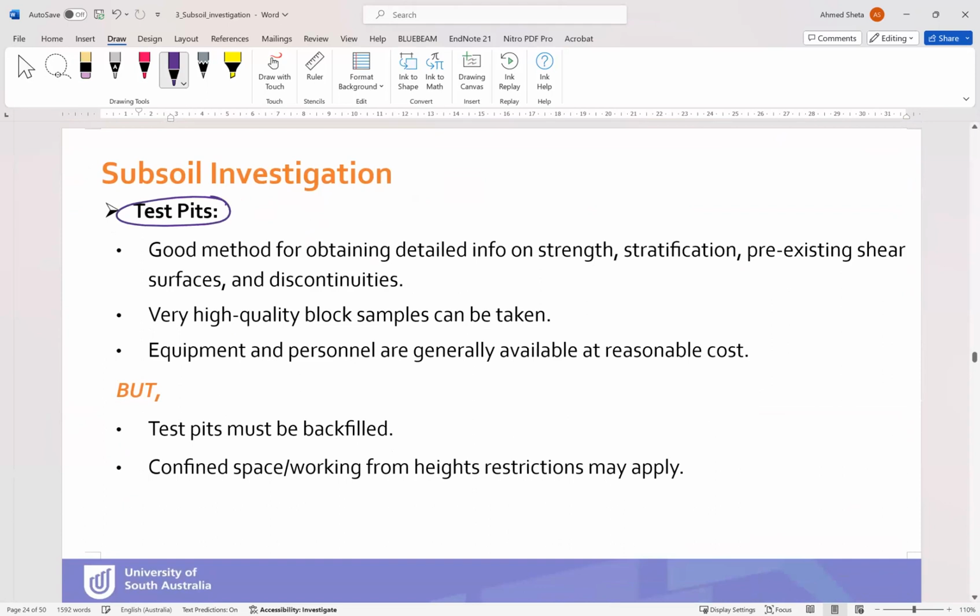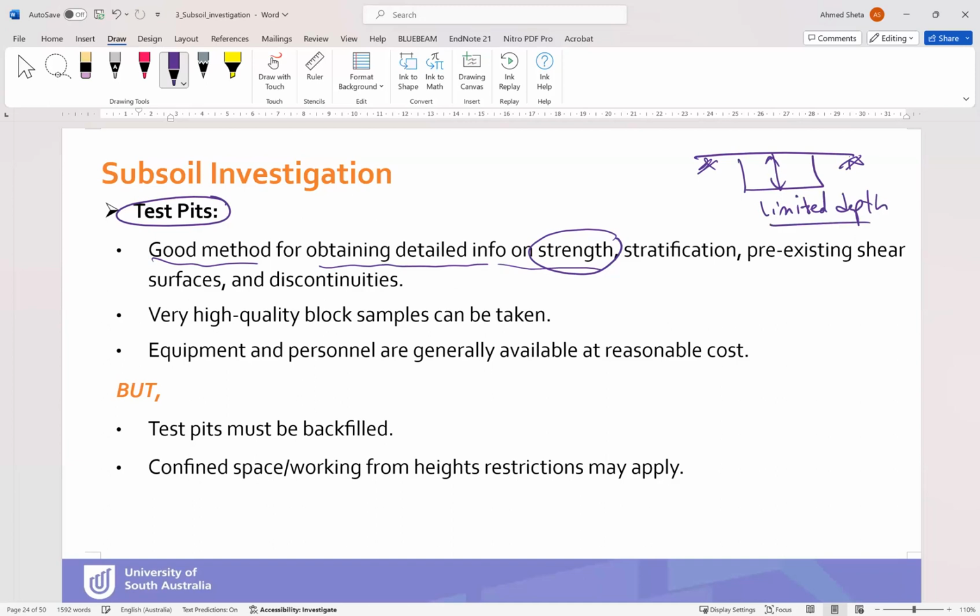The advantage of this method is that it is a good method for obtaining detailed info on strengths. So this will give us much info about strengths, but only for very limited depths. We cannot go further, so maybe 2 to 3 meters maximum.